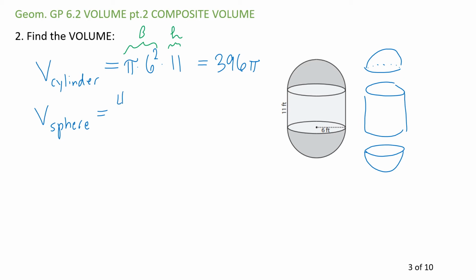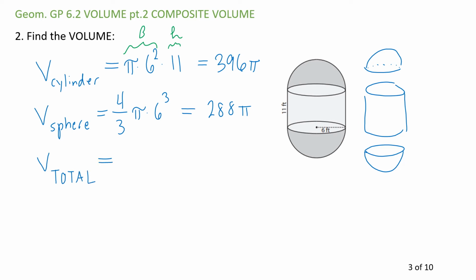And the formula for that is 4/3 pi r cubed. And the radius is the same. 6 times 6 times 6 times 4/3. That's going to be 288 pi. And you can get a decimal approximation for that, but it's better to wait until you're finished.